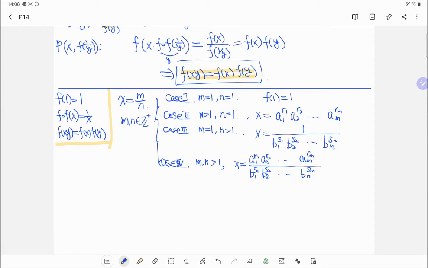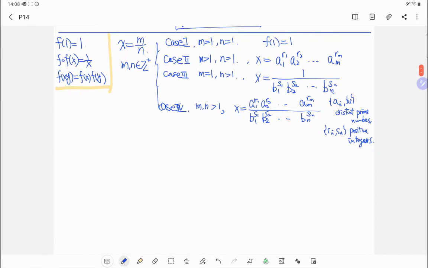We separate this such that this prime factorization is unique, for ai, bi to be distinct prime numbers. And also ri, si are positive integers.